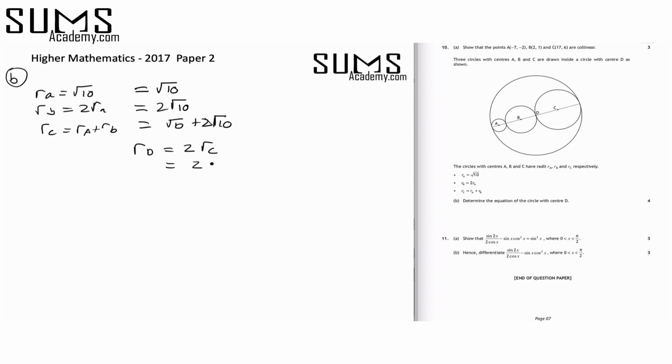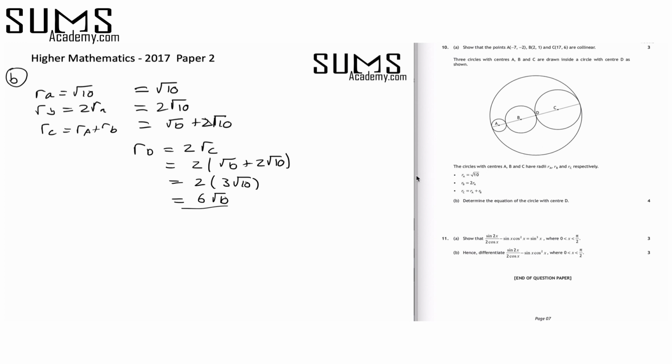So that equals 2 times root 10 plus 2 root 10, which is 2 times 3 root 10, which is the same as saying 6 root 10. So that's the radius of D.